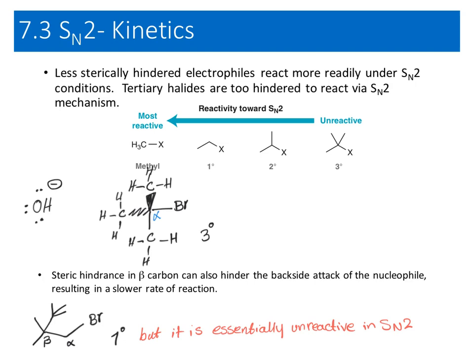We can also have some examples of large groups that can provide steric hindrance. One of them is tertiary butyl, that chicken finger we talked about. So this is tertiary butyl. And the other group can be phenyl. These are very large groups that can make steric hindrance at the beta position.